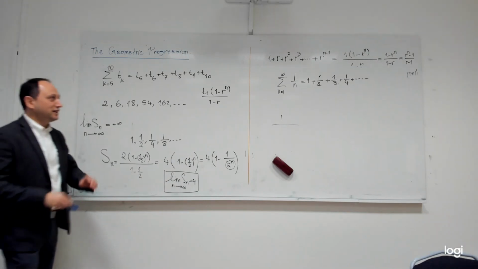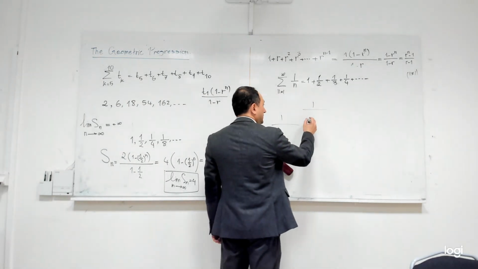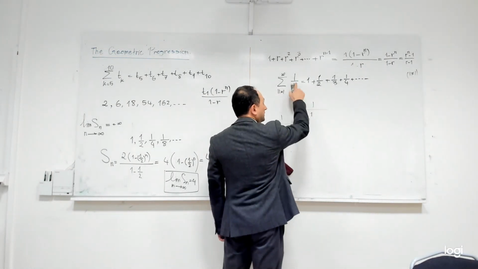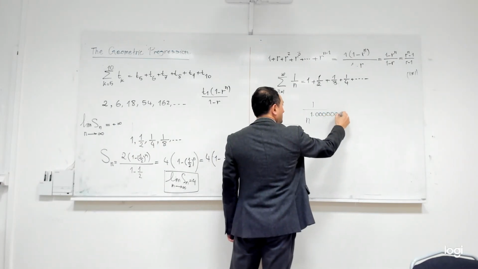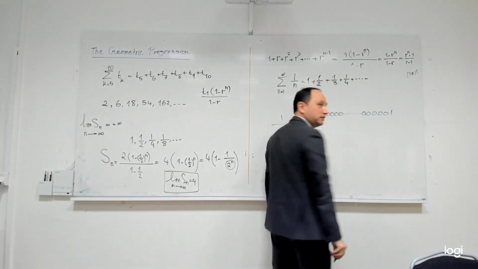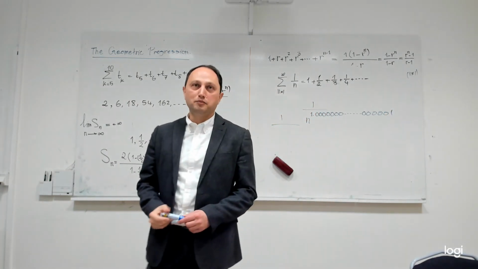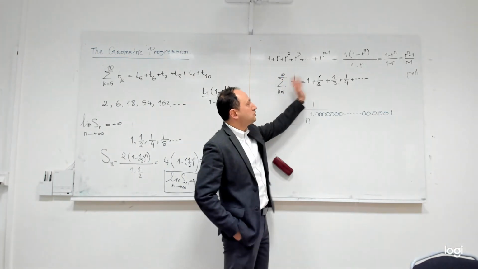It is very nice if I write 1 over n to the power of 1.000001, or however small an increase you want to make, then it converges to a number. So you see, if the power is 1, it goes to infinity.